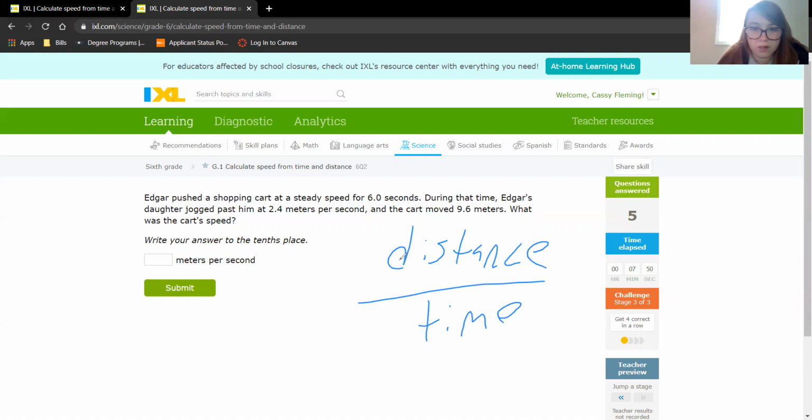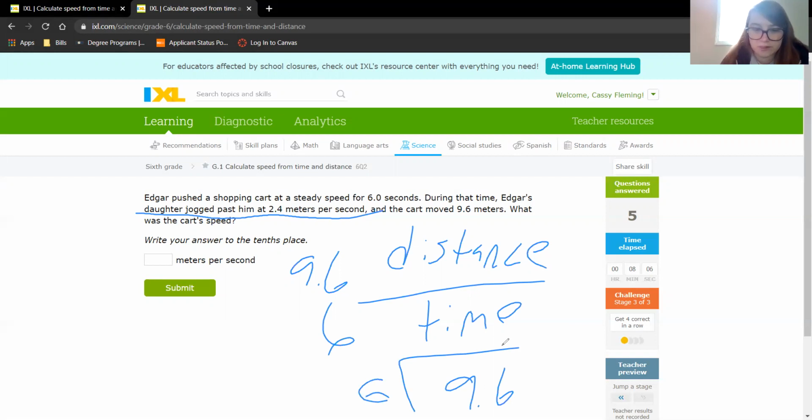We know our distance was 9.6 meters, and our time was 6 seconds. This part right here is just kind of a distractor. So we need to do 9.6 by 6. Aha, see, the tenths place. So it changed a little bit.